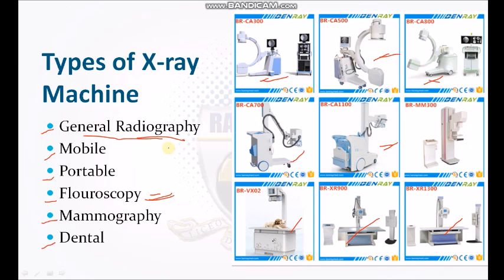Isa lang ka exposure, isa lang ka X-ray exposure per press of button, while for fluoroscopy, one press of button will allow you to expose the patient continuously for approximately, for example, continuous 1 minute exposure, continuous 3 minutes exposure. So depends on the type of examination.